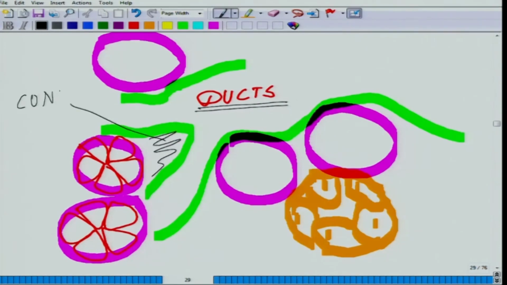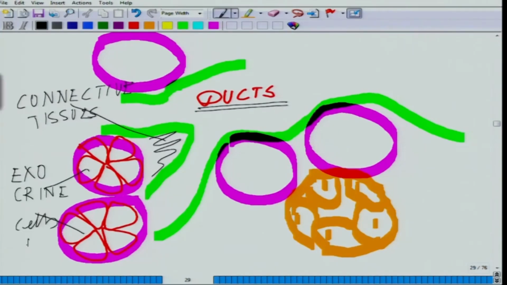These are the connective tissues. And so these are the exocrine cells in the pancreatic acini, and you have the endocrine cells which are these ones.